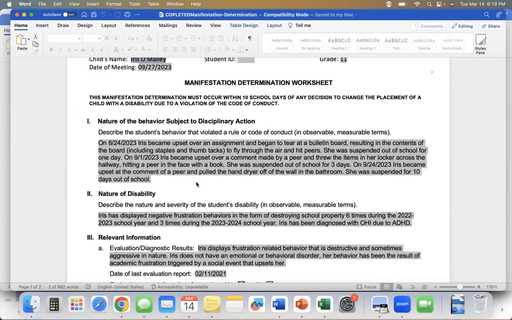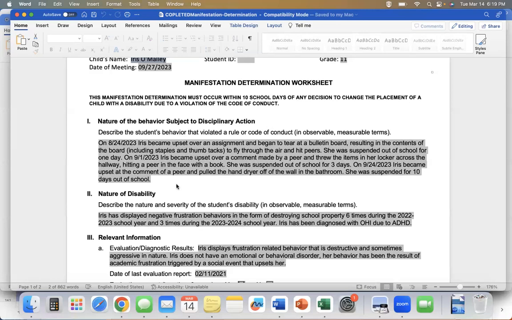Most often we do the manifestation in a situation where we are looking at expulsion, or this could be an ongoing situation. So by September 24th, we have had 3 pretty major instances of disruptive, destructive behavior with injury or possible injury to peers, and pulling a hand dryer off the wall in the bathroom is pretty serious here.